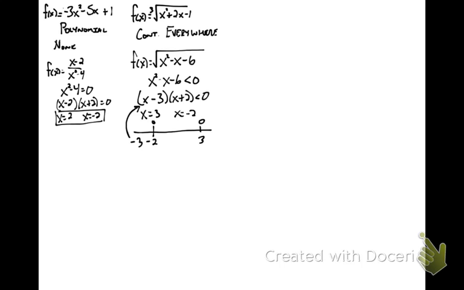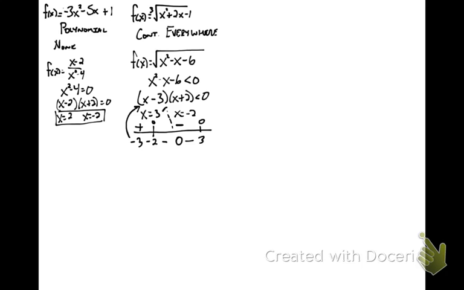This will give me negative 6 times negative 1, and negative 6 times negative 1 is a positive number. So I know that for any value less than negative 2, this function is positive or greater than 0. If I test the number 0, because it's between negative 2 and 3, I end up with negative 3 times 2, which is negative 6, and that means it's negative in that range.